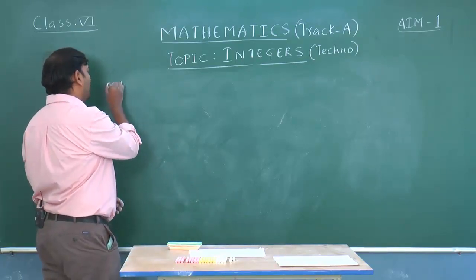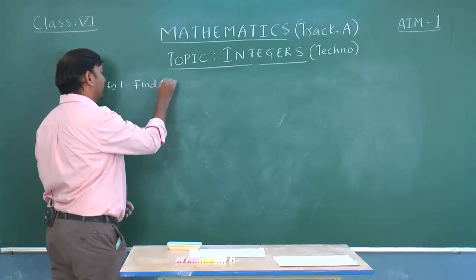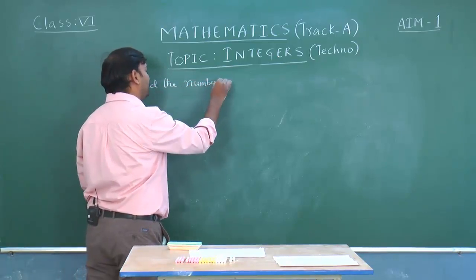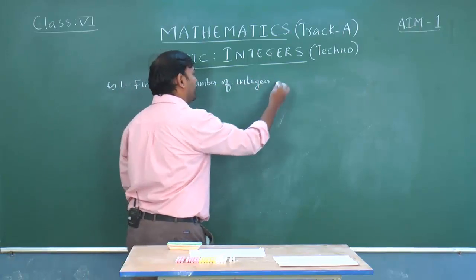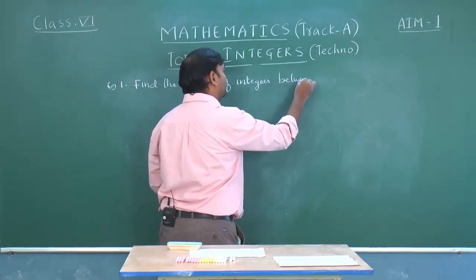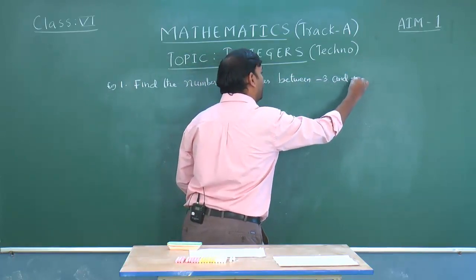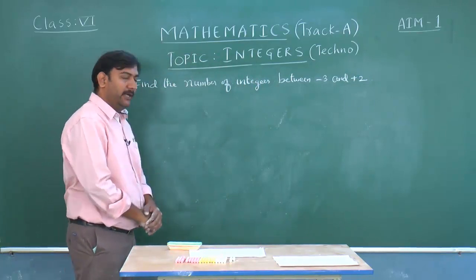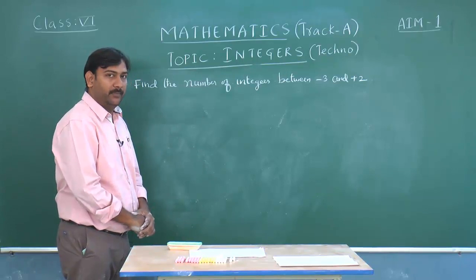Say I want to find the number of integers between minus 3 and plus 2. So here we are going to find the number of integers between minus 3 and plus 2.